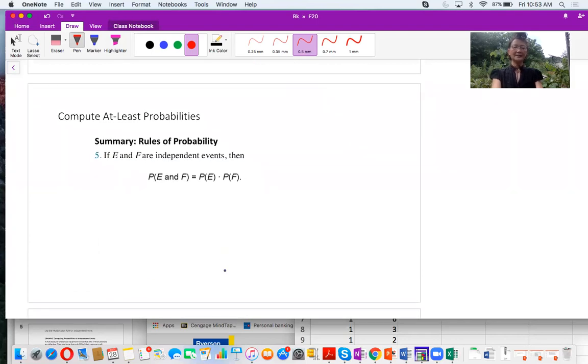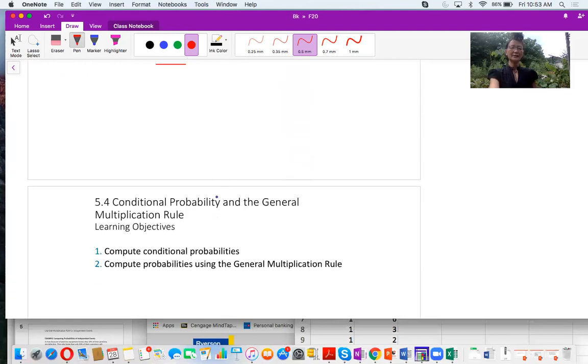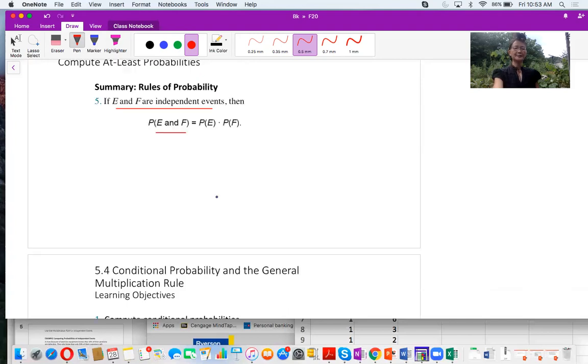And in this lecture we just introduced that when two events are independent, the probability of E and F equals the probability of E times the probability of F. Okay. This has a condition: suppose two events are independent. If two events are not independent, we'll introduce that later.